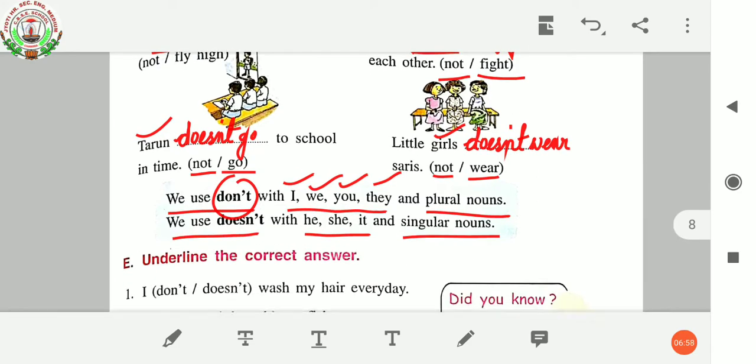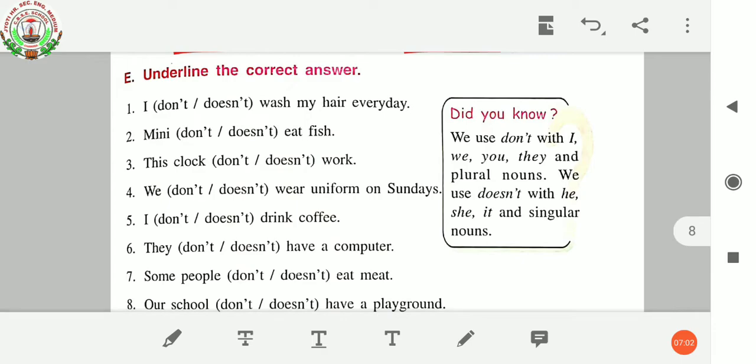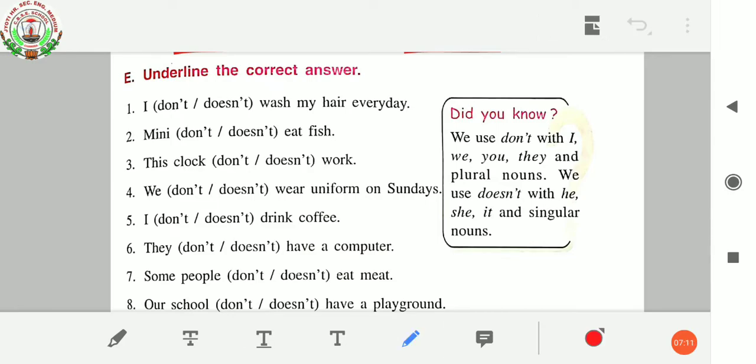Now moving down to the next question, it is question number E, and here the question is, underline the correct answer. You have to underline the correct answer, and here also it is written the same thing. We use don't with I, we, you, they and plural nouns, and we use doesn't with he, she, it and singular nouns.